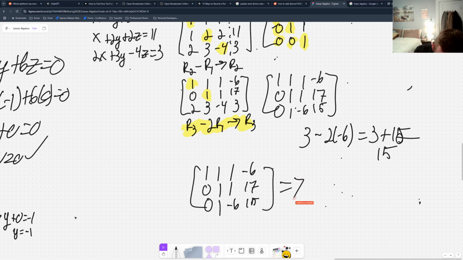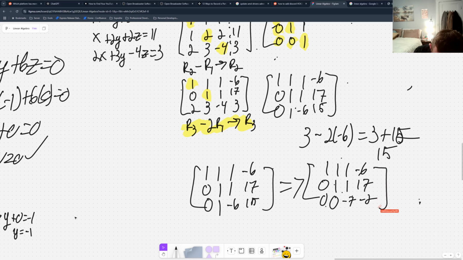Now this is going to go to 1, 1, 1, negative 6, 0, 1, 1, 17. And then 0, 0. Negative 6 minus 1 is negative 7. And 15 minus 17 is negative 2. Yeah, alright. Well, let's plug it in and see if that makes any sense.